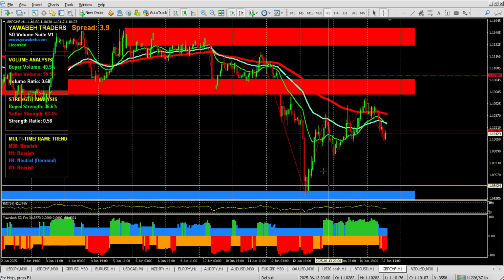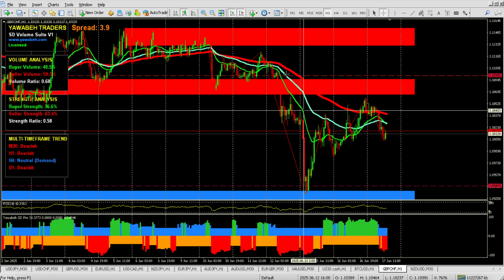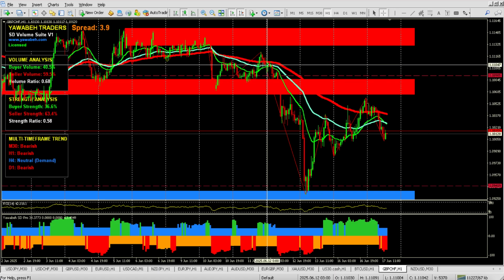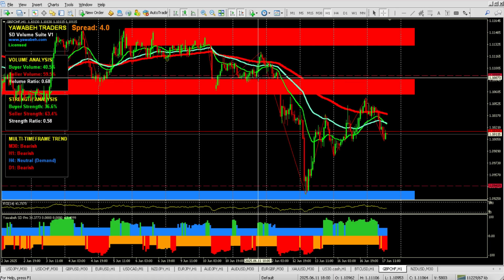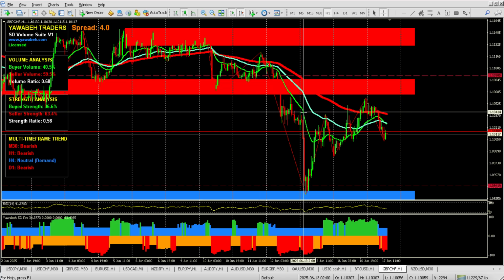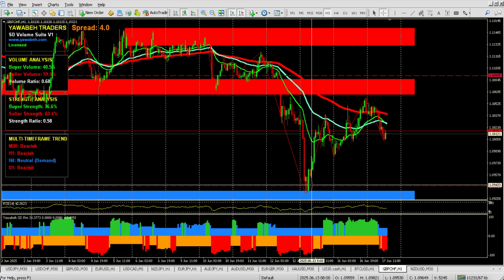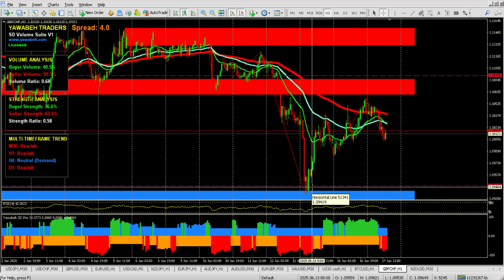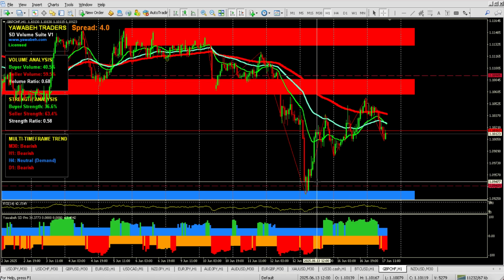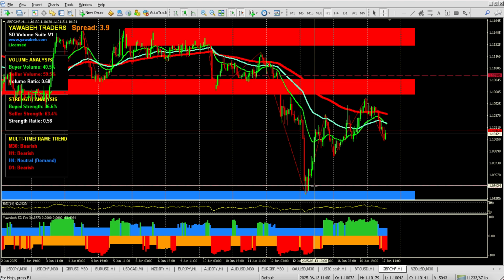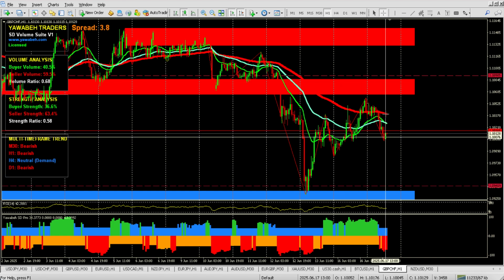The market kept playing in this zone for a couple of days, and then you can see the market nicely dropped, exactly hitting our target. The market made a strong correction, and it is still playing around this zone.